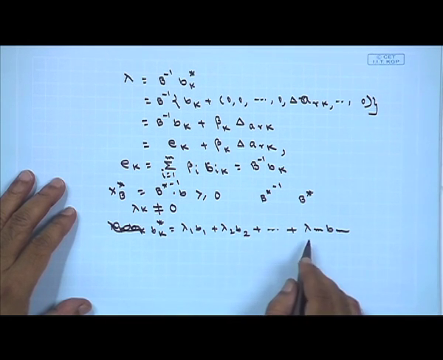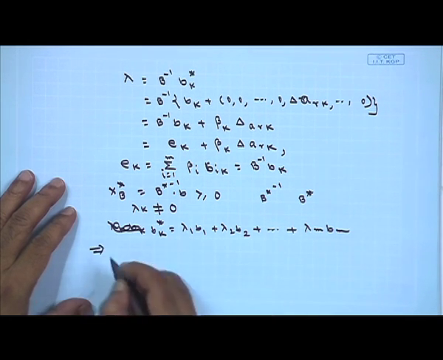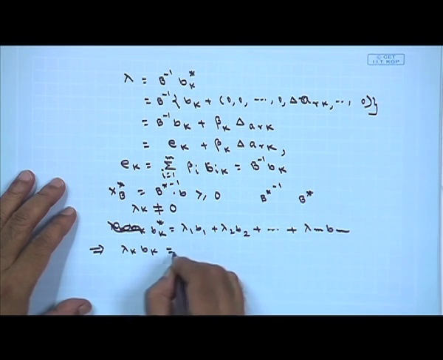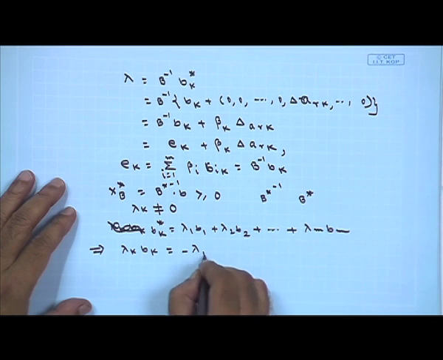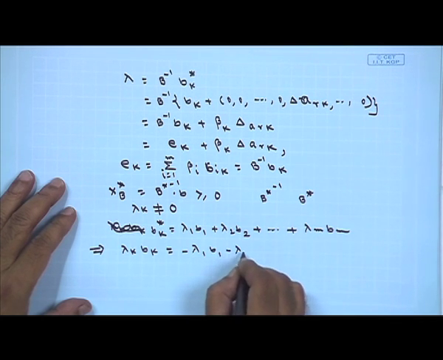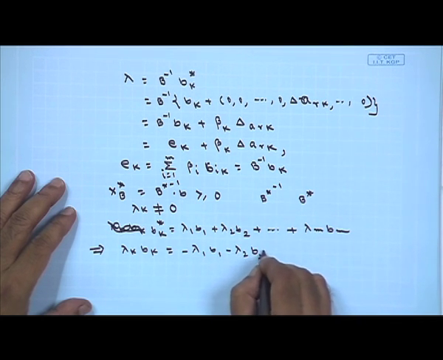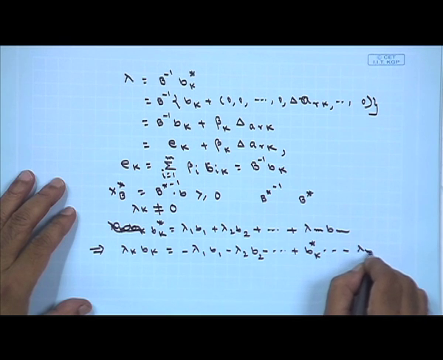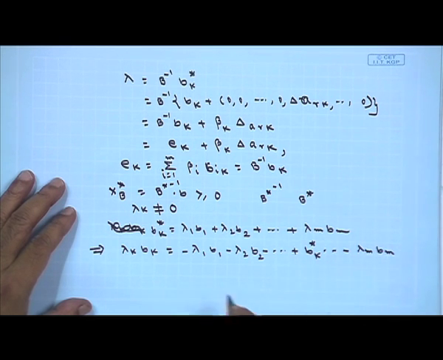Once I am writing this, this implies lambda k b k is nothing but minus lambda 1 b 1 minus lambda 2 b 2, going on this way, plus b k star, and the last one will be minus lambda m into b m.